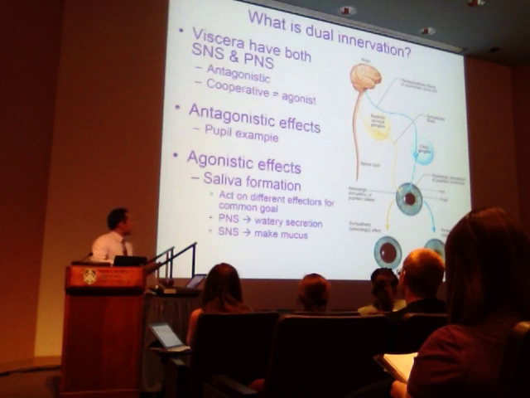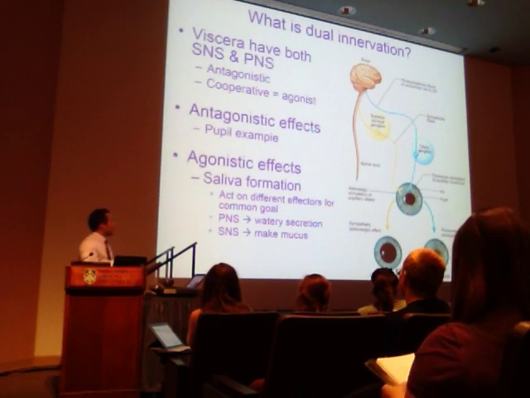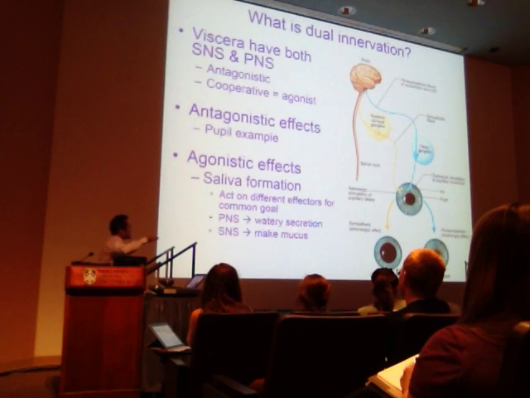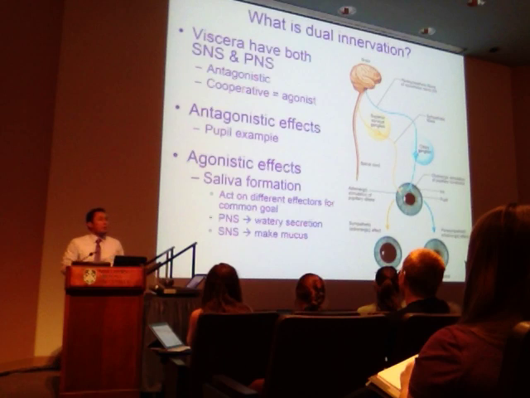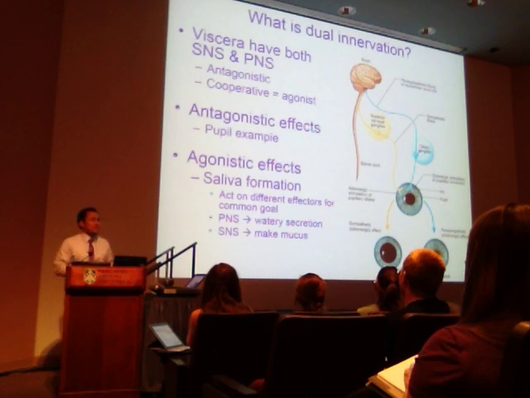The mucus is thick. The enzymes come out of the parasympathetic side, but they get stuck in location by the mucus that holds it in the oral cavity where digestion begins. Digestion is a word that means chemical breakdown. So chemical breakdown has to occur. So here you have a cooperation.